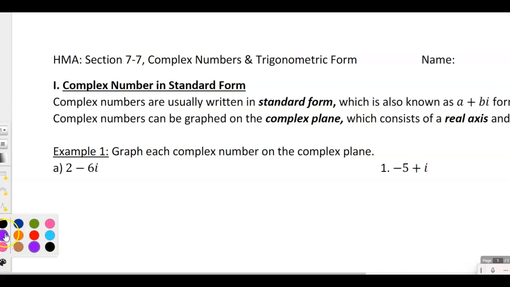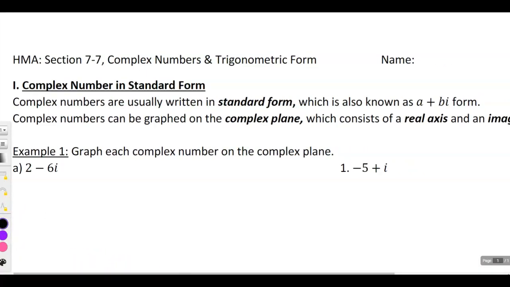Okay, so just to start off, a reminder of what the relationship is between complex numbers and imaginary numbers. Complex numbers have two parts.